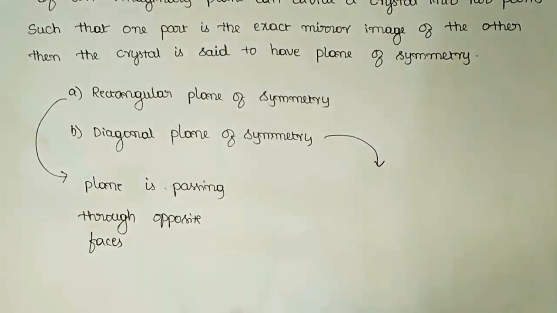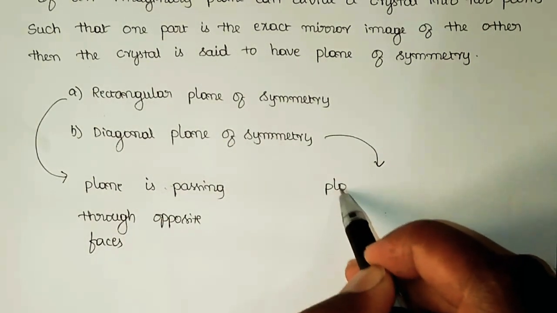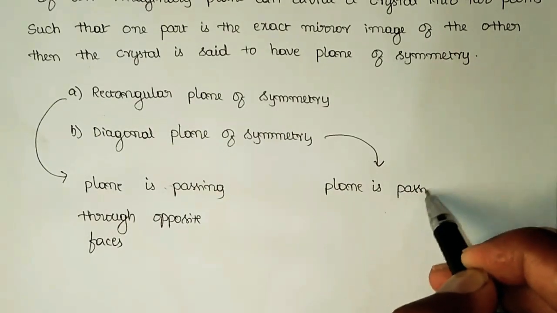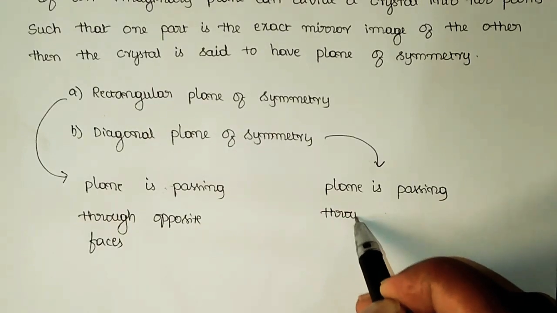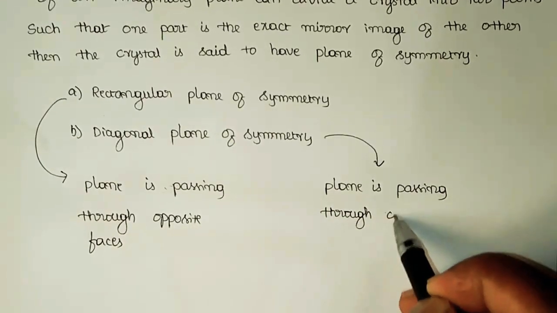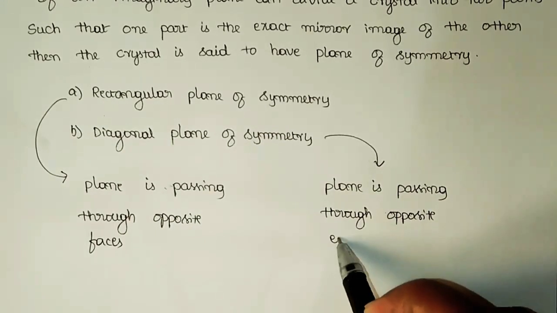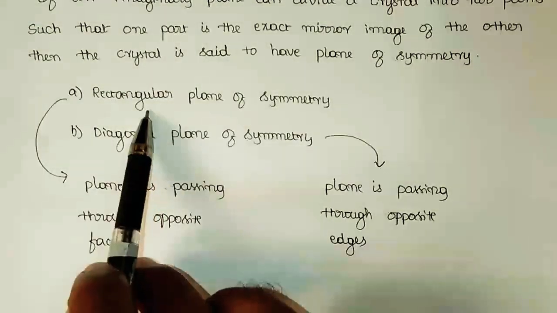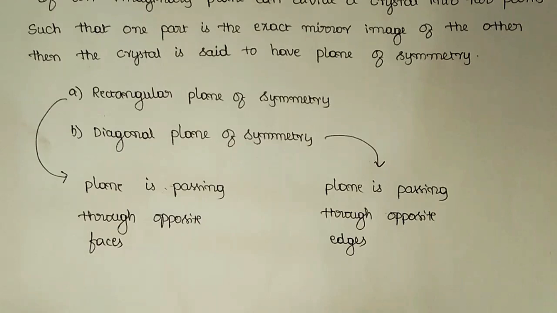And in case of diagonal plane of symmetry, here the plane is passing through diagonally opposite edges. And that's the differentiation between rectangular plane of symmetry and diagonal plane of symmetry.